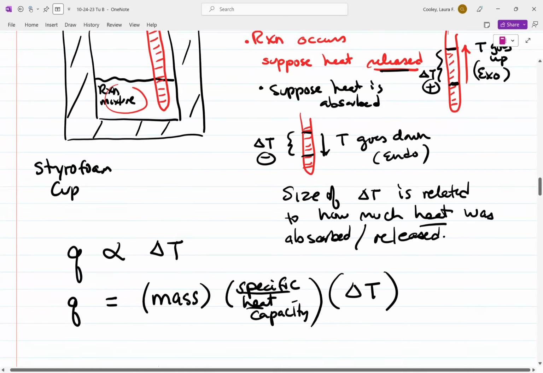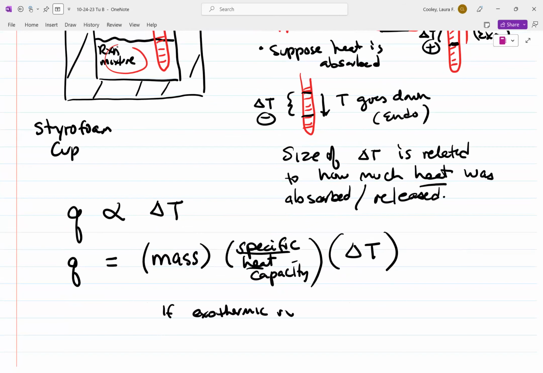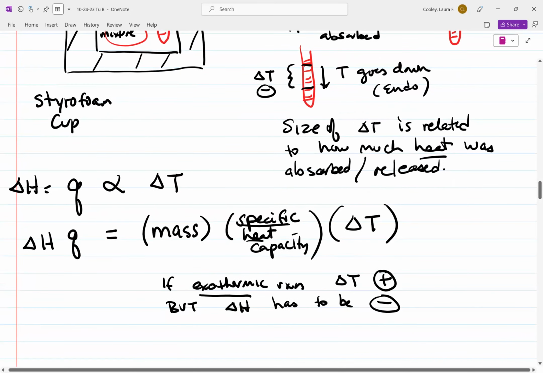Yeah. So what's happening here? She actually accurately pointed out that if you have an exothermic reaction, don't forget that this is delta H. So if you have an exothermic reaction, delta T is positive, but delta H has to be negative, because that's what exothermic means. And the reason why there is a sign mismatch is because this temperature rise is actually being measured in the surroundings, and the heat went from the system to the surroundings.